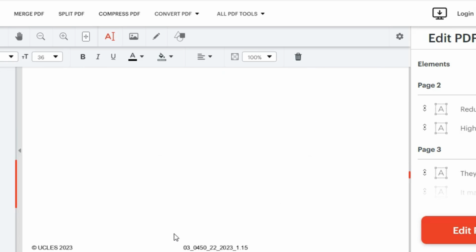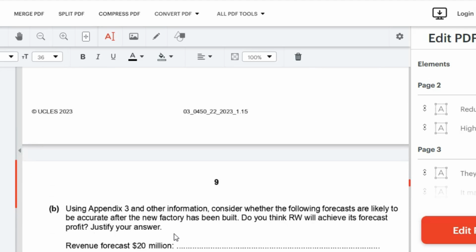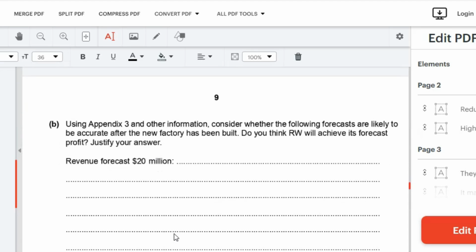Now let us move to the next question we have, which says using appendix 3 and other information, consider whether the following forecasts are likely to be accurate after the new factory has been built. This is referring us to question 3, where RW is establishing new products.